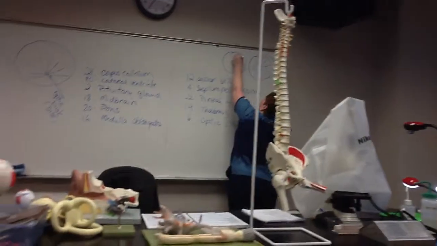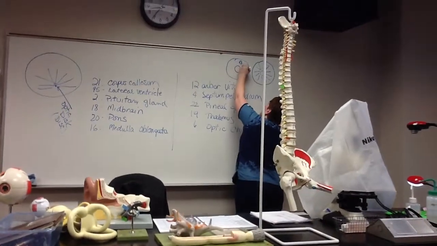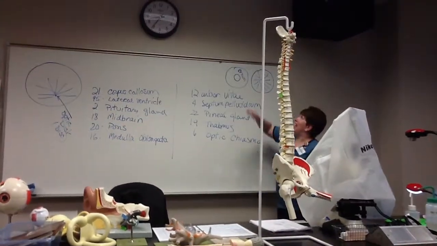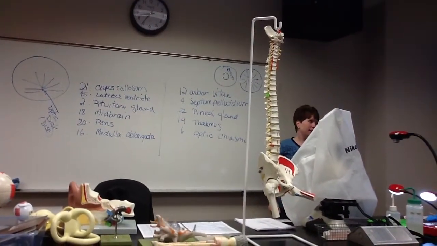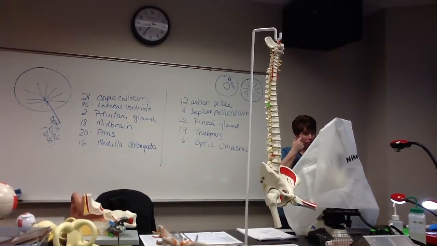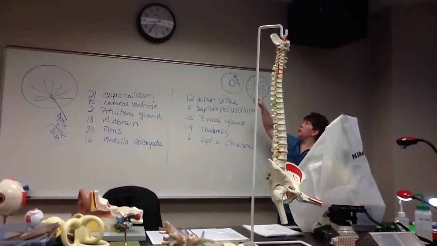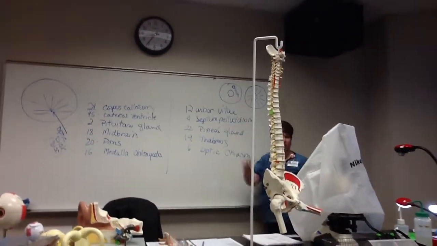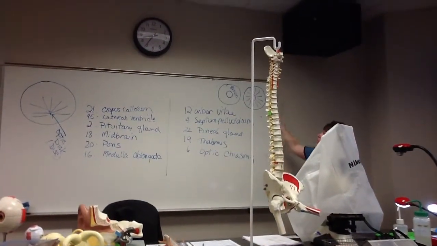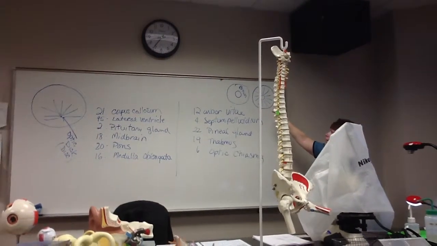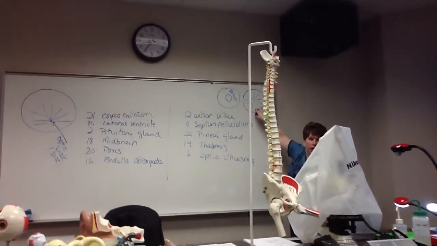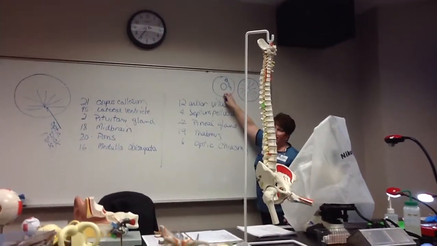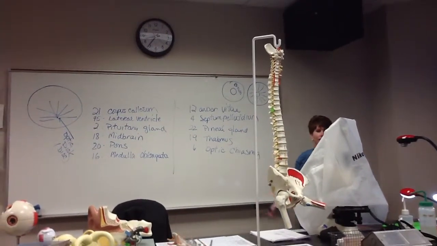Over here, this is brown. What is that? Iris. My irises are green. Remember, all cows' irises are brown. So depending on which side they've got, if it's black, looks like a mushroom cap, ciliary body. If it's on the brown side, it's the iris.